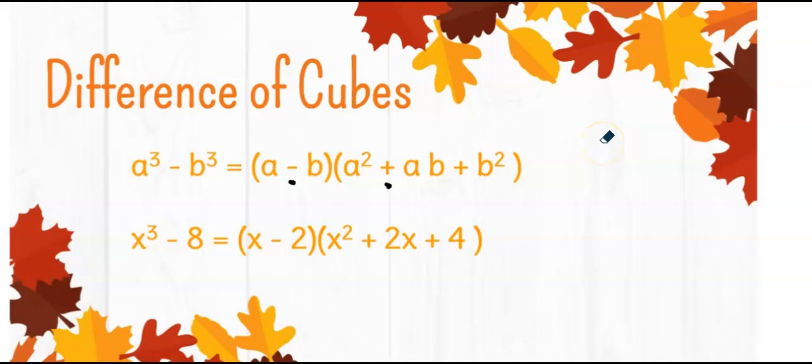So again, if we got x cubed minus 8, our binomial is going to be x minus 2. We have the square, opposite product, square.